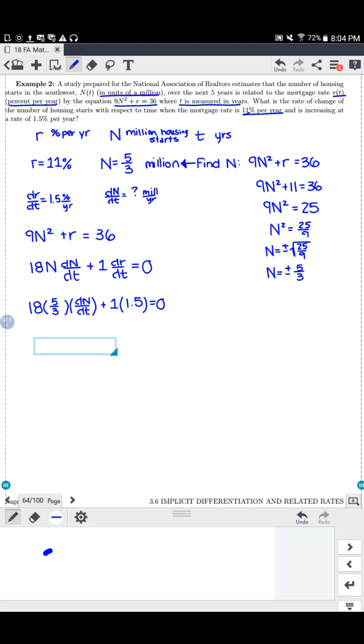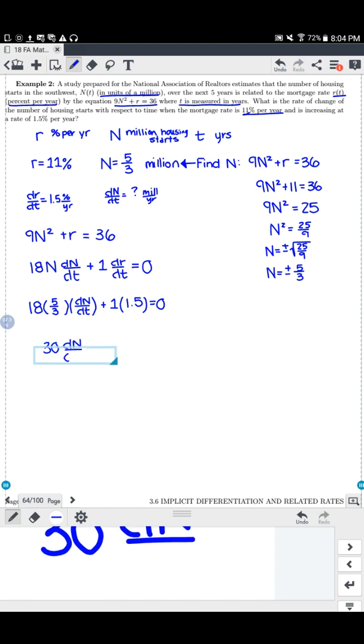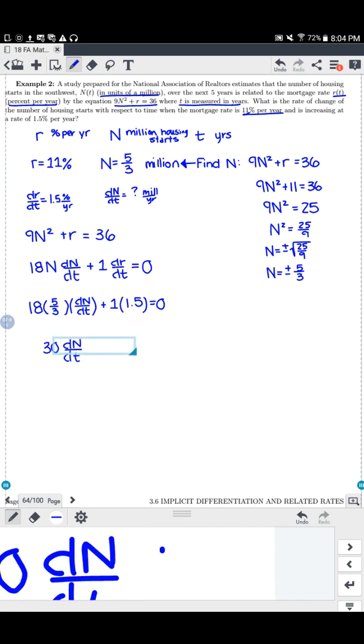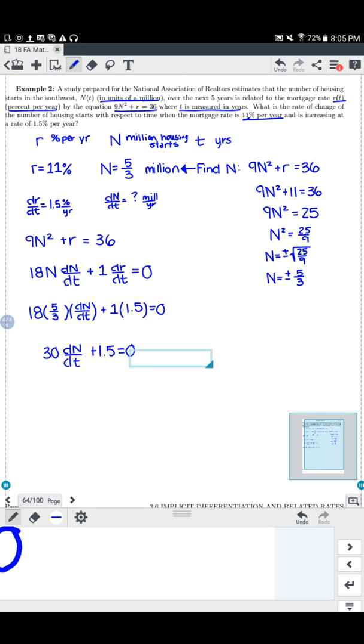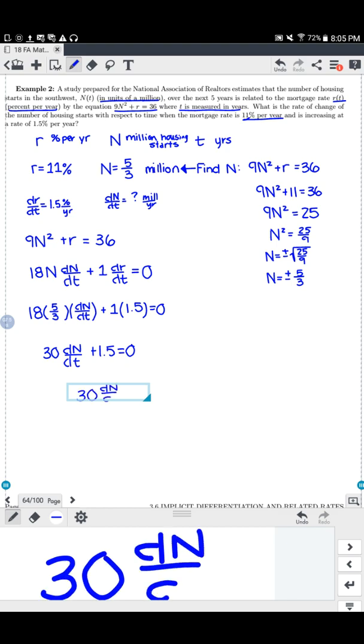So I'm just going to multiply these together. 5/3 of 18 is 30 dn/dt, plus 1 times 1.5 is 1.5, equals 0. And I need to solve for dn/dt, so I'm going to subtract that 1.5. 30 dn/dt equals negative 1.5.